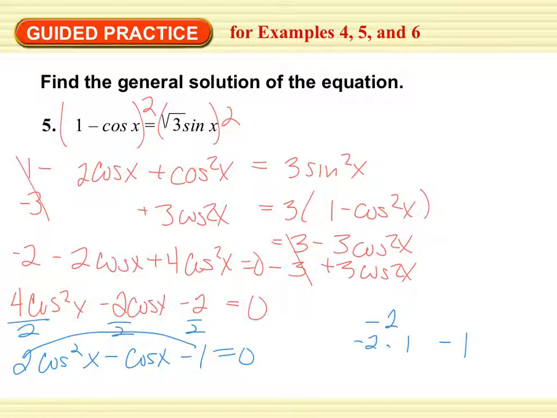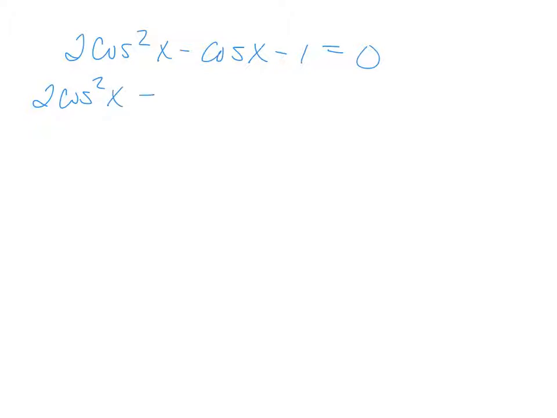Negative 2 times 1 is negative 2, and negative 2 plus 1 is in fact negative 1. Alright, so let's use these, and I need a new page. 2 cosine squared x minus cosine x minus 1 equals 0. Minus 2 cosine x plus cosine x minus 1.